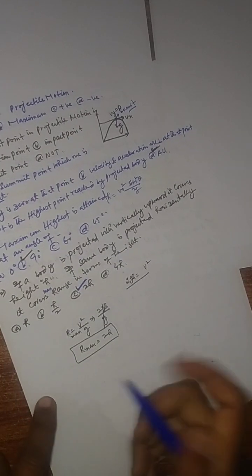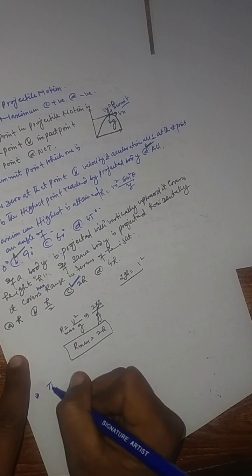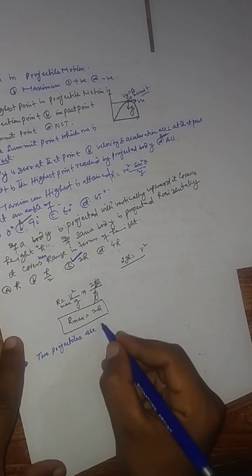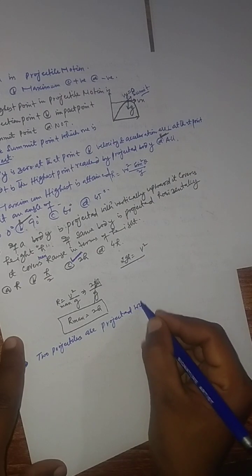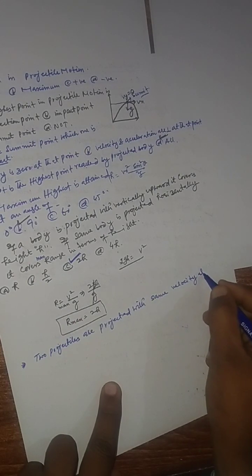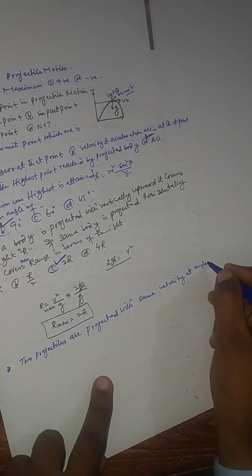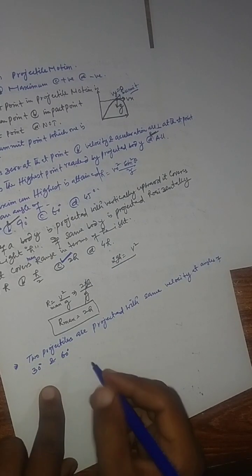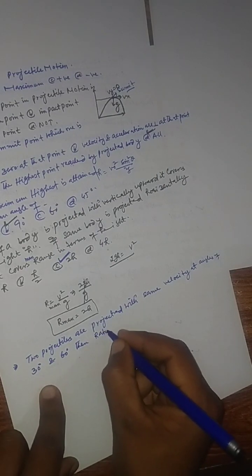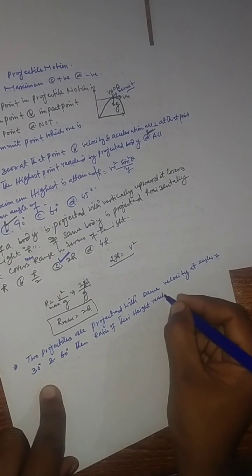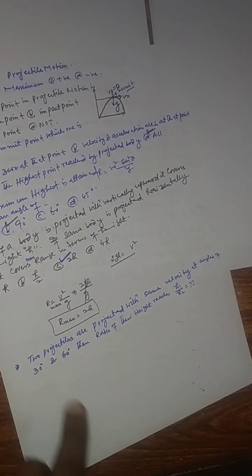If two projectiles are projected with the same velocity at angles of 30 degree and 60 degree, then the ratio of their heights reached, it means h1 over h2, we have to calculate h1 over h2.